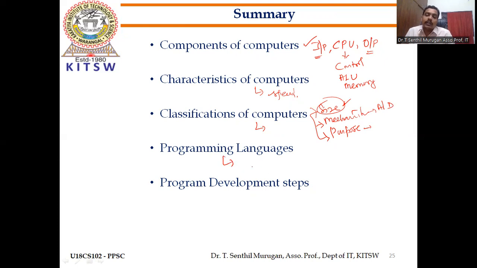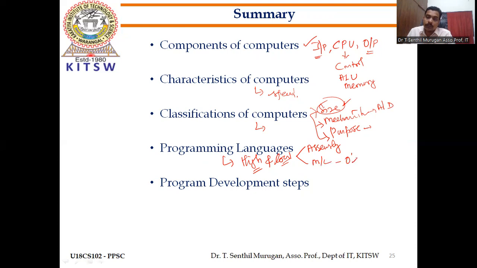Programming language, we discussed about the language. It is used to communicate with the computer. There are two types of languages, high level language and low level language. High level languages are understandable by humans; low level language is understood by the machine. There is assembly language and machine language.